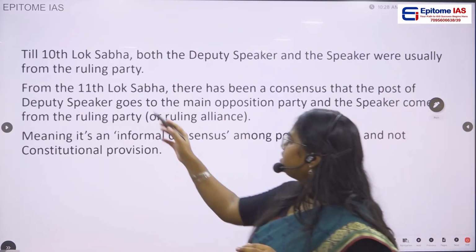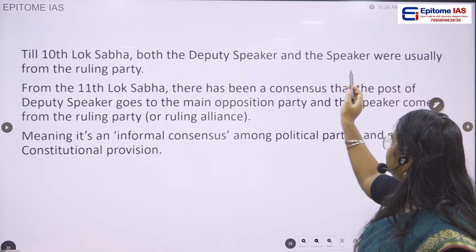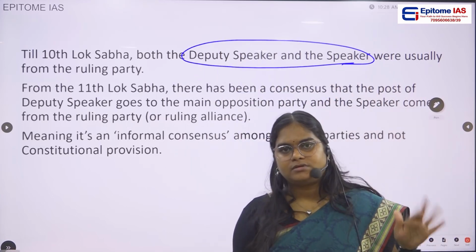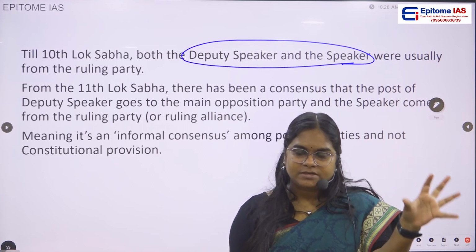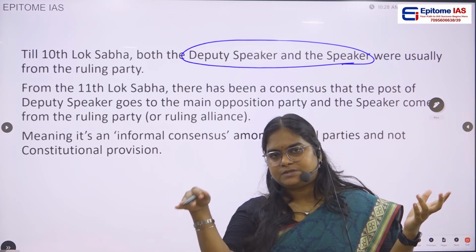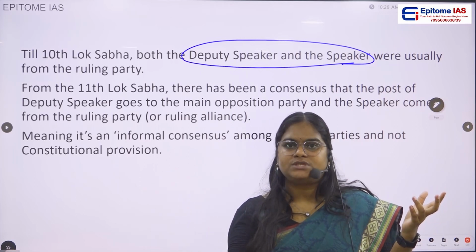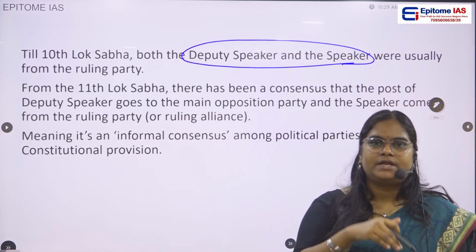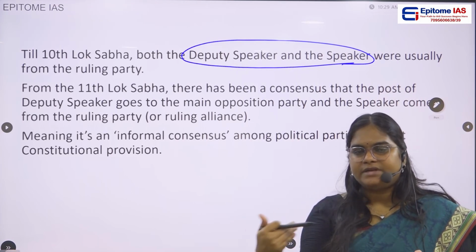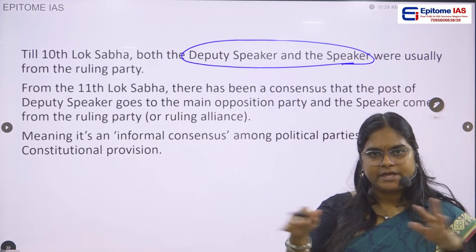Then till the 10th Lok Sabha, both the deputy speaker and the speaker belonged to the ruling party. After that, the speaker's post belongs to the ruling party as usual, and the deputy speaker's post belongs to the opposition party. And this is not technically mentioned in the Constitution. It is done by parliamentary consensus among the political parties.